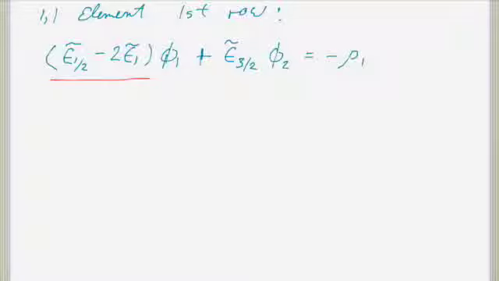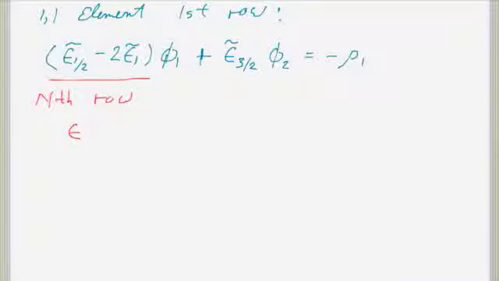And the same for the last row, the nth row. Same deal. I guess, let's see if I can do that. So what would that be? Oh gosh, it's painful notation.